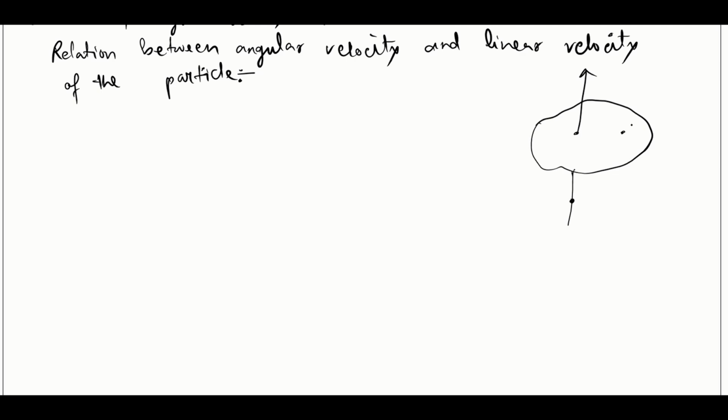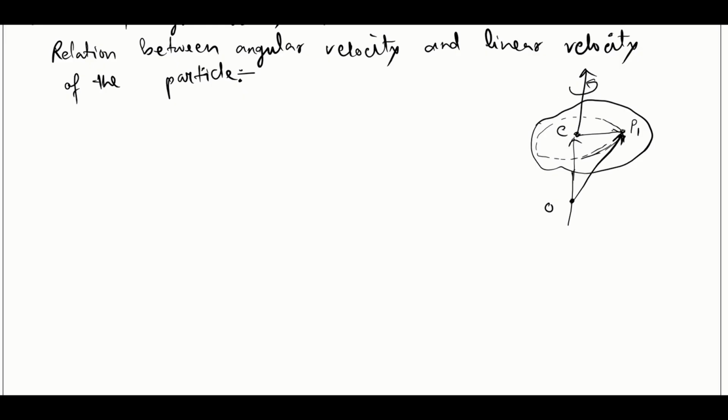And here particle P is rotating in some circle, and let us say this is O, this is C, this is P. This is the radius of this circle, and this particle is rotating in this direction, that is counterclockwise direction.